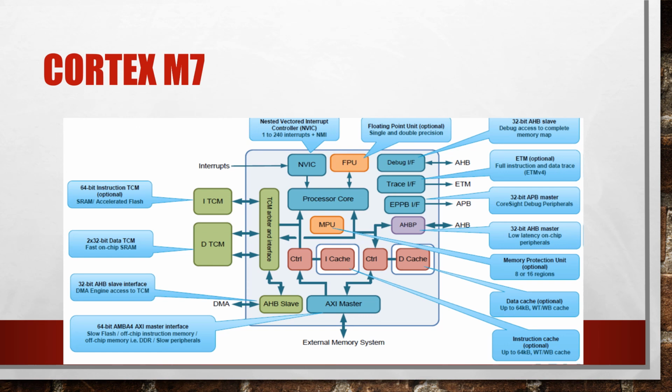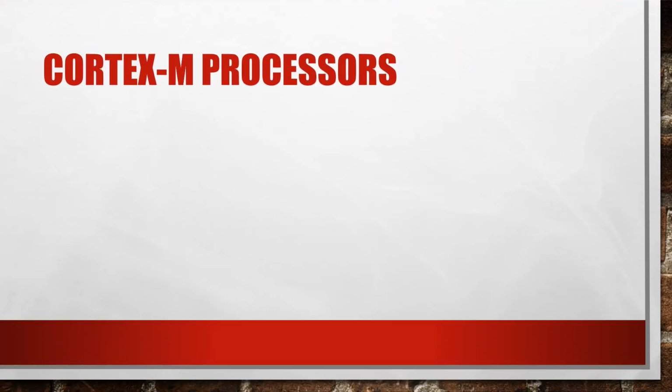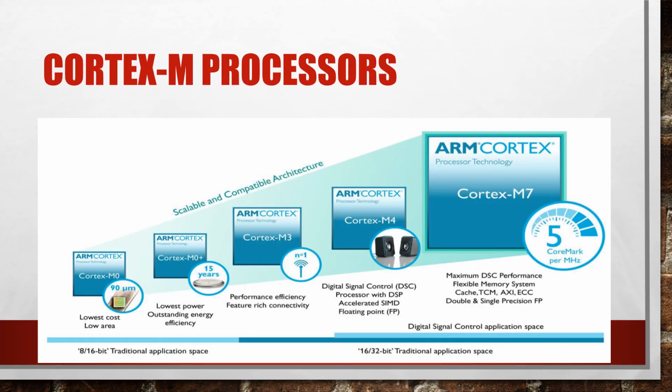And then we have Cortex-M7, a more advanced architecture of the Cortex-M versions. This is the trend in the Cortex-M processors from the first M0 until M7.